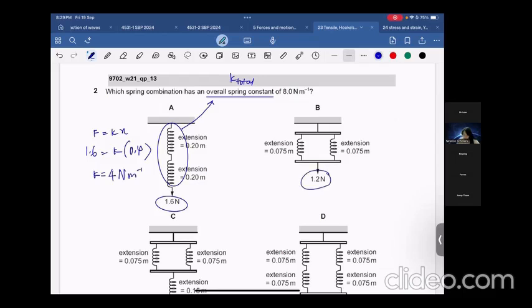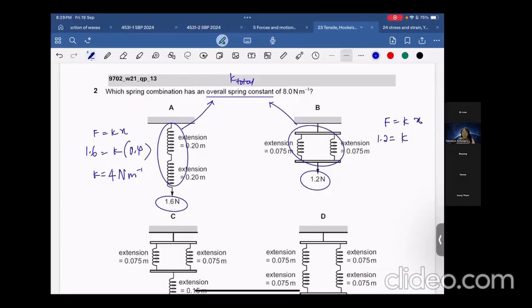Okay, this one, total force is 1.2. Total K for overall, I don't know. We are going to calculate this. Total extension, how much is extended? As I told you, they extend in parallel.